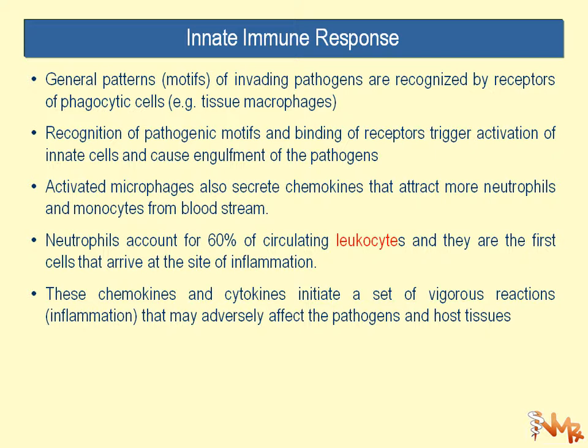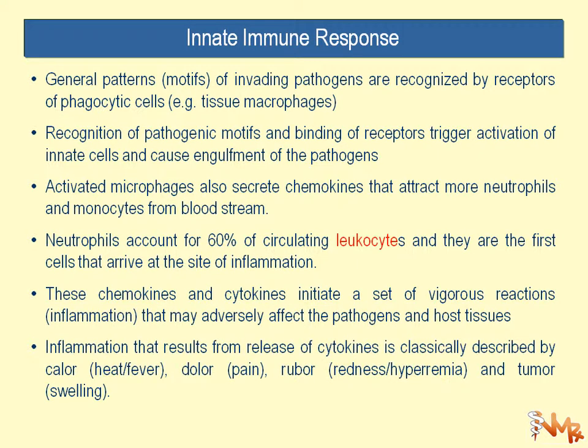That's why the site of inflammation may be painful, may be edematous. These are issues that we're going to be covering later. Inflammation that results from release of cytokines is classically described by calor, meaning heat and fever; dolor, meaning pain; rubor, meaning redness and hyperemia; and tumor, which means swelling.